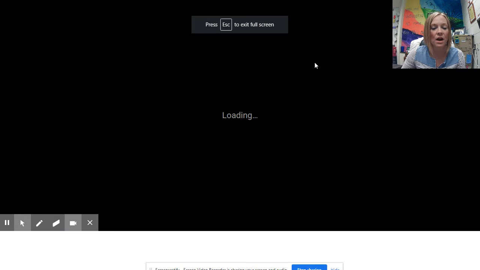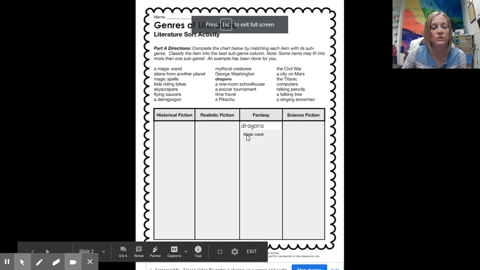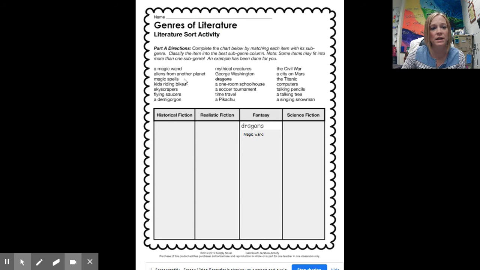If you prefer to print this off, that can be done that way as well. So all you're going to do is type each of these where they need to go. Let's think of aliens from another planet. Well, we talked about science fiction dealing with aliens or things from outer space. So that would go over here into science fiction. Next one, magic spells.